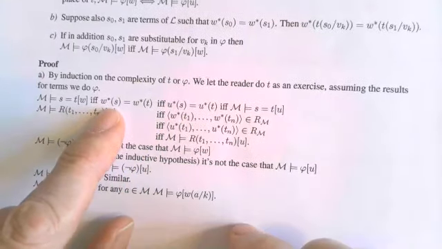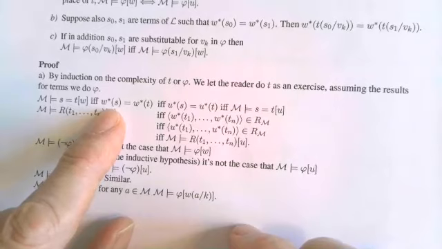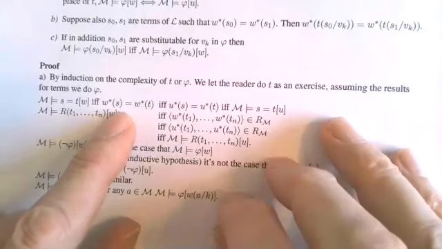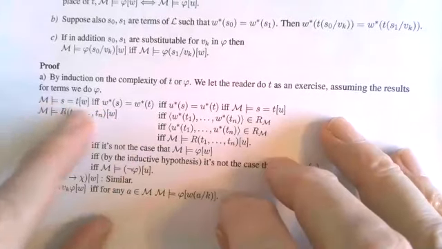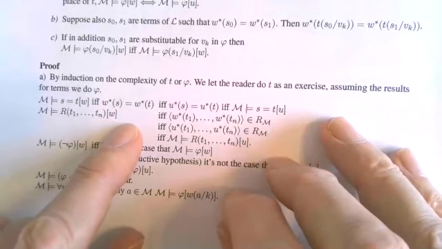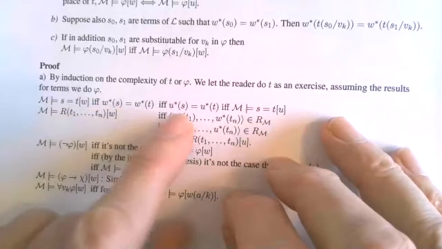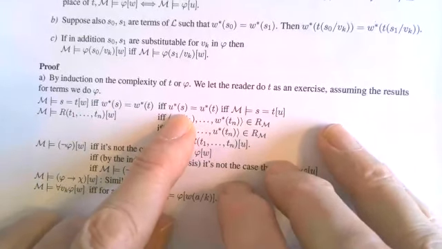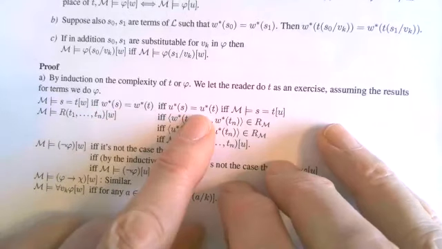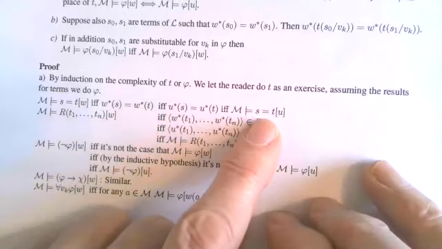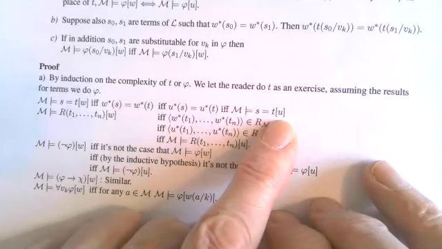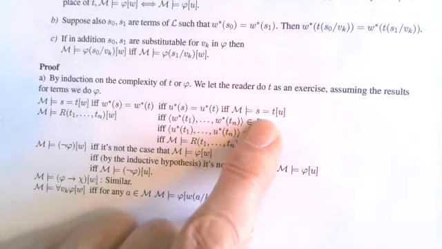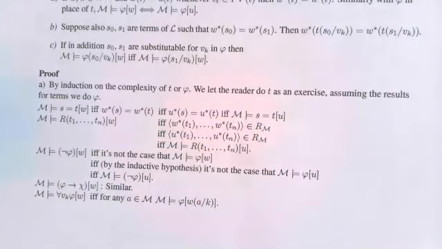Because W and U assign the same things to the free variables in the formula, that's going to mean that W star of S is the same as U star of S. So this equation holds if and only if the U assignment makes the equation true inside M.